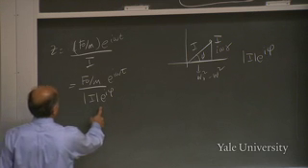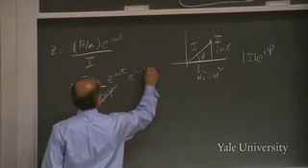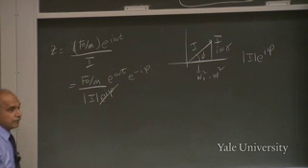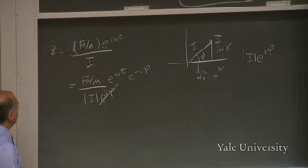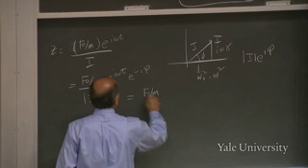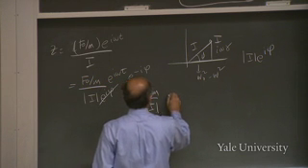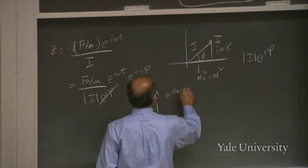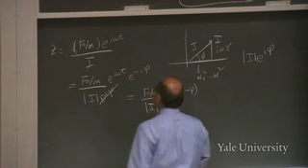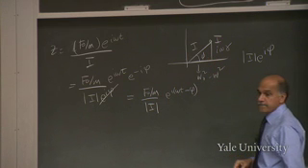Now, this e to the i phi, I can delete it here and put it upstairs as minus i phi. So let me write it in that form. Then it's very easy. F naught over m divided by the magnitude of this I times e to the i omega t minus phi, where phi is this angle.